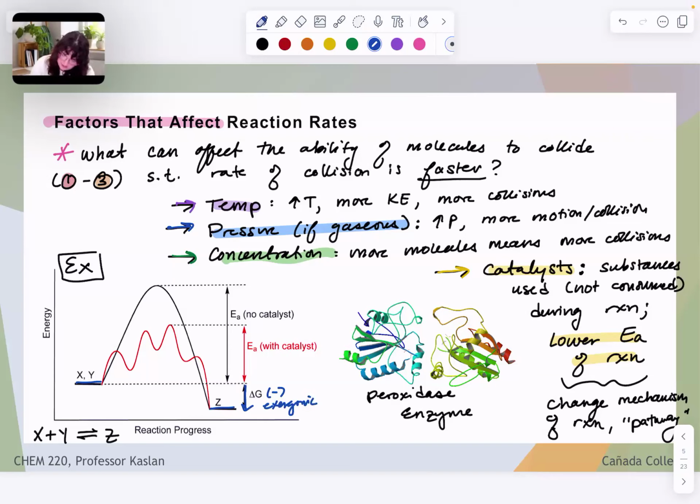And if we were to look at the activation energy, or the difference between our reactant state and the transition complex, we see that in this particular general example, uncatalyzed, that amount of activation energy is quite large, right? That is a huge energy barrier in order for this reaction to occur.